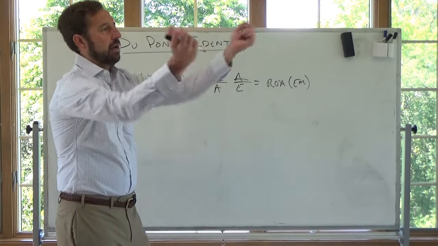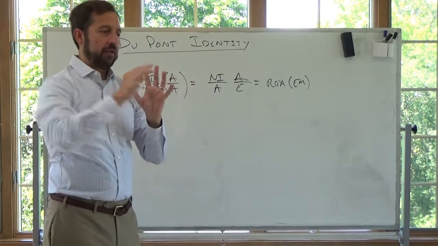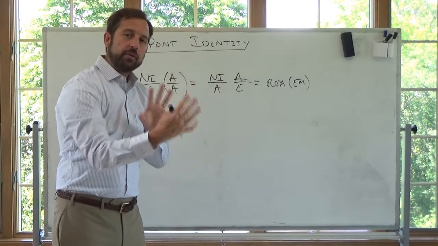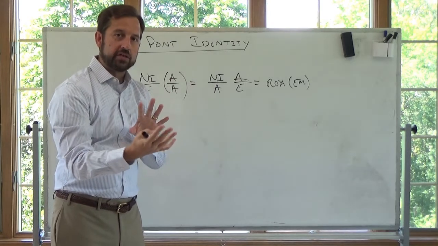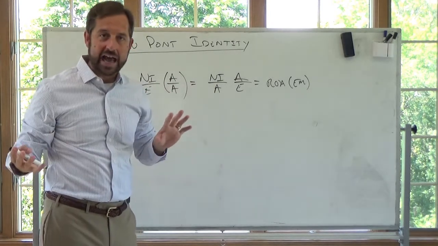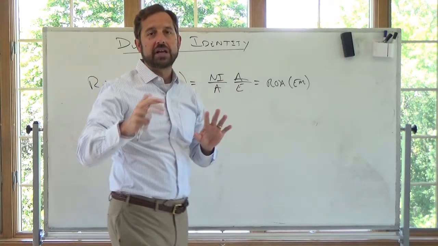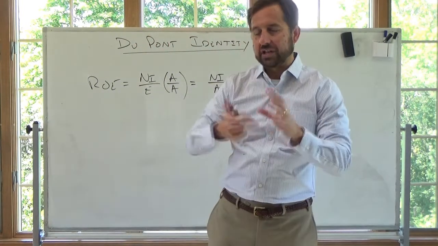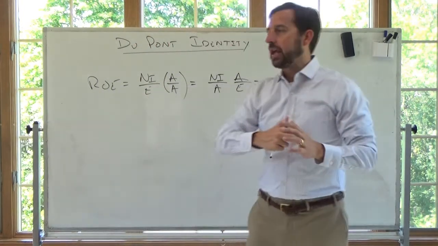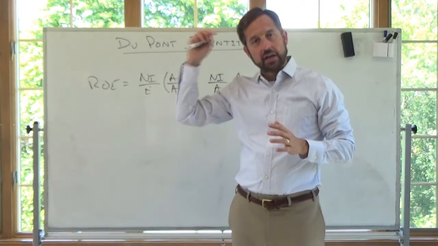Now again, if I'm evaluating a firm, I don't care if they've increased their return on equity simply because they've added debt. Anyone can add debt. If I want to add debt, I simply sell debt and buy back stock. This is a capital market transaction. I can call my investment bank and do that this week.